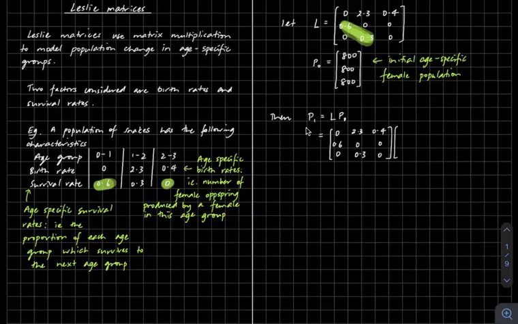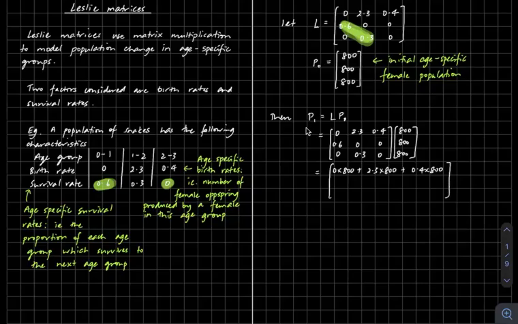I just want you to see the sort of mechanics of what actually happens here when we multiply that by that. Obviously there's quite a few zeros in there, but we multiply row 1 times the column matrix, the population matrix. We're going to get 0 times 800 plus 2.3 times 800 plus 0.4 times 800.